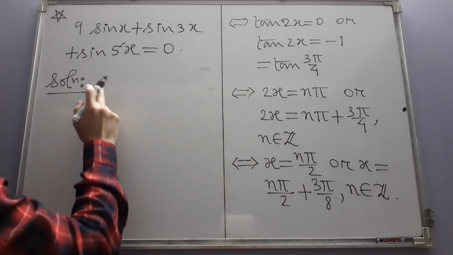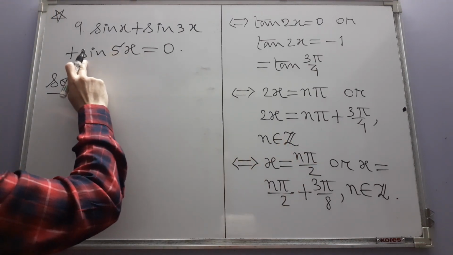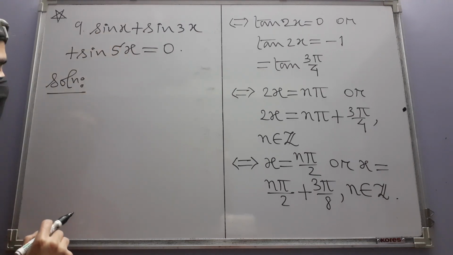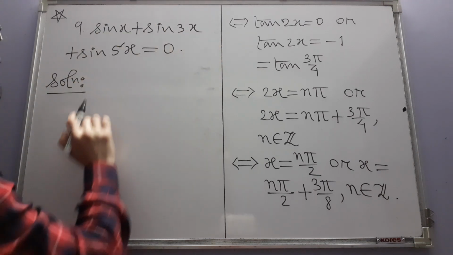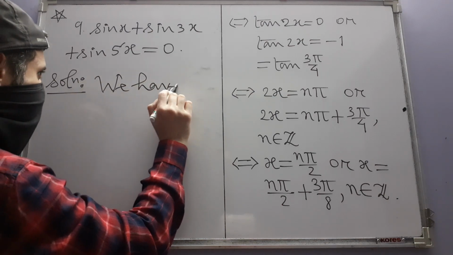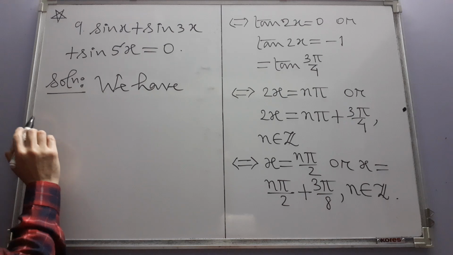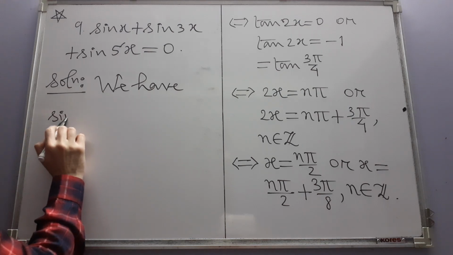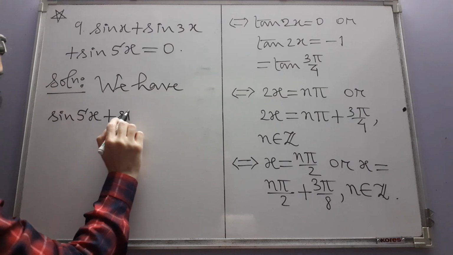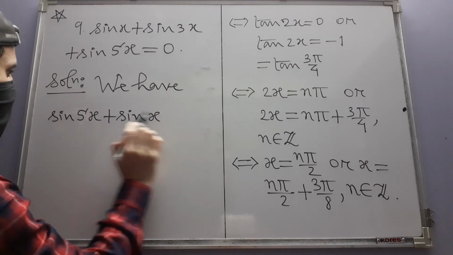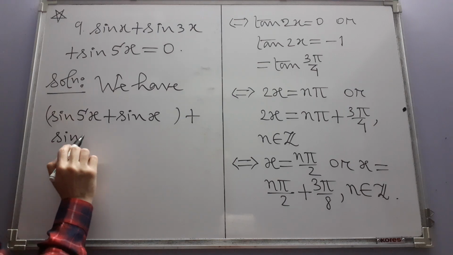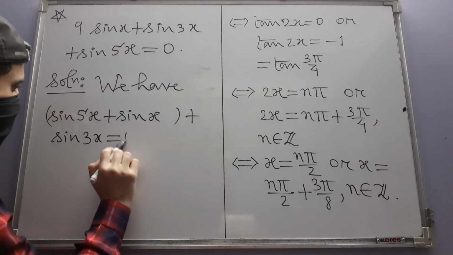So you can quickly figure it out that it's beneficial to consider sin 5x and sin x together, and we just keep this one separately. And accordingly, in the beginning itself, we write the equation like that. Plus sin x plus sin 3x equal to 0.